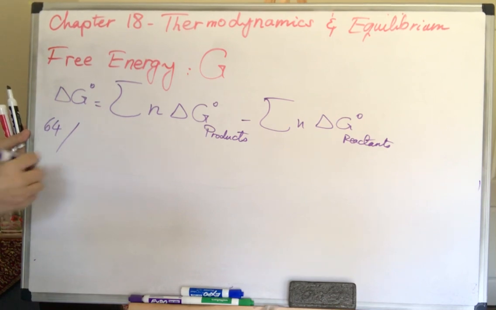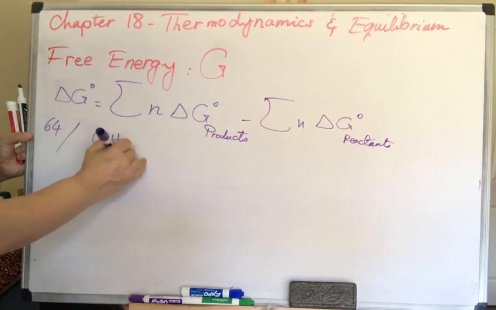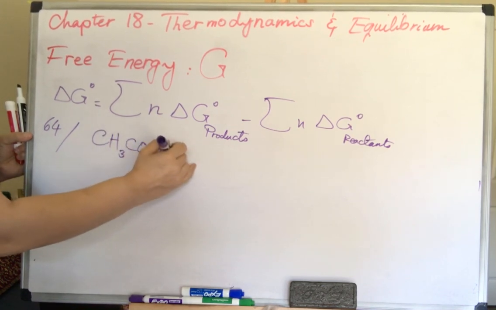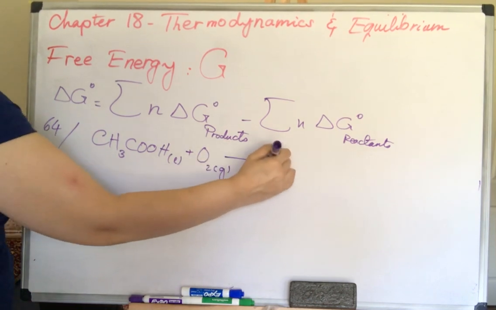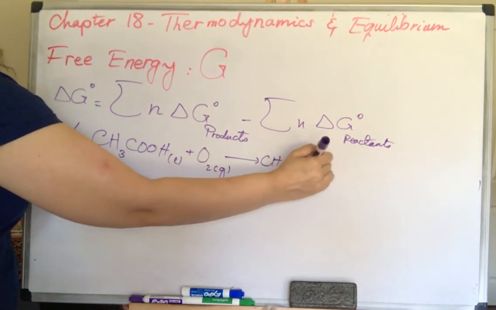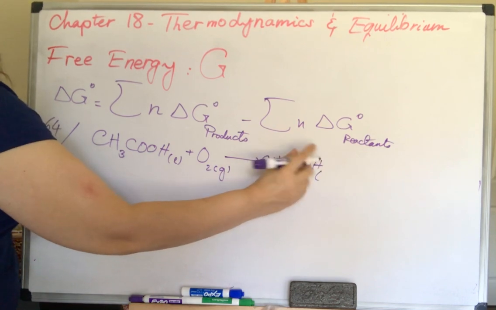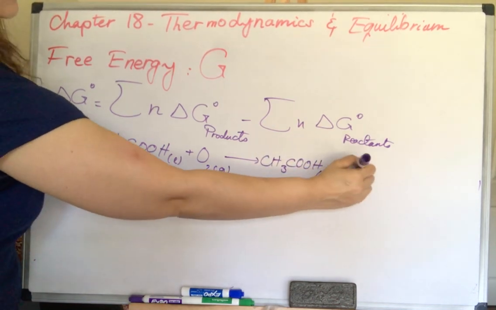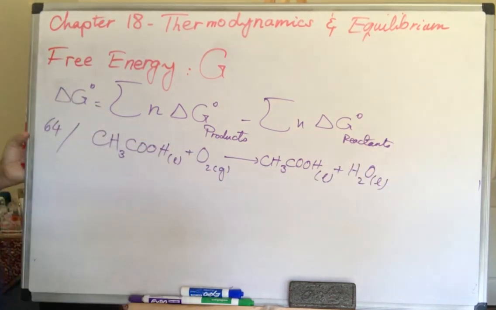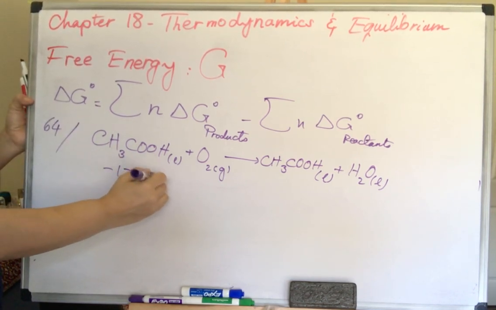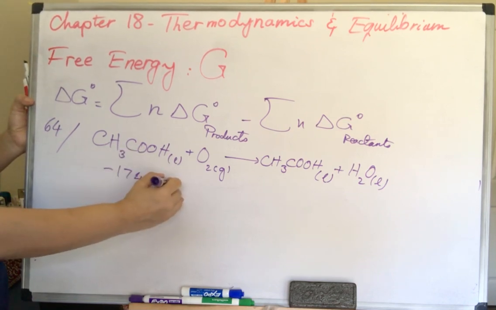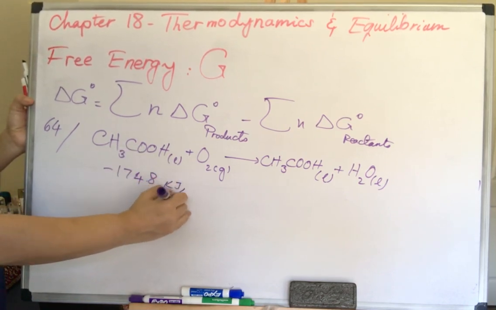The same exact reaction plus O2 gas gives CH3COOH, which is liquid, plus liquid water. Delta G standards are given for each one: for the reactant it is minus 174.8 kilojoules per mole.